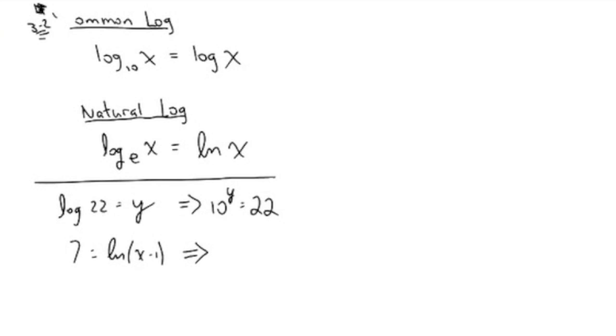E to the 7, base is e, power is 7, and it's equal to x minus 1. When you select what's going to go with the power, always choose opposite the equal sign. Don't choose same side as the equal sign. So it's e to the 7th and 10 to the y. It's always opposite the equal sign.